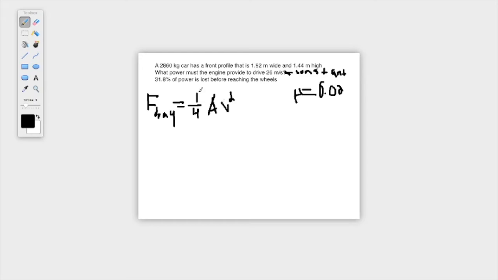So what you're trying to do is find the net power, the total amount of power it must have. To do that you have to find the net force. Also remember the force of friction is mg mu.